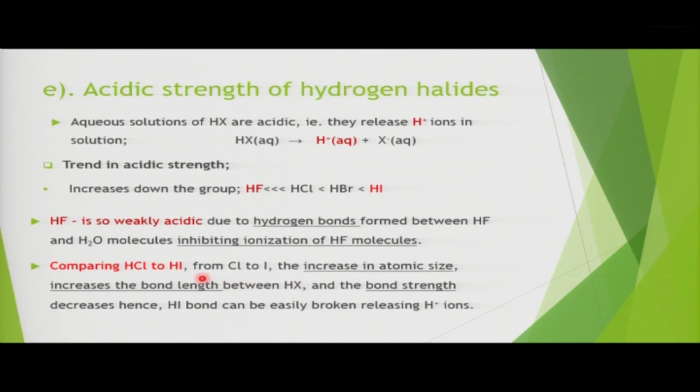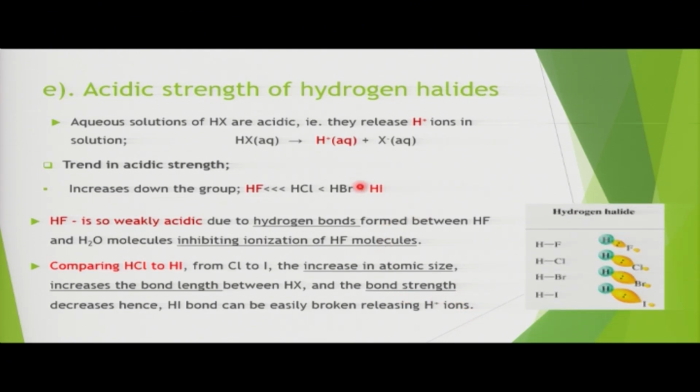Looking at the remaining three, of course, the increase in atomic size can't be eliminated, and the increase in the bond length comes in, which decreases the bond strength, indicating HI will easily set free the hydrogen ions, becoming a stronger acid.